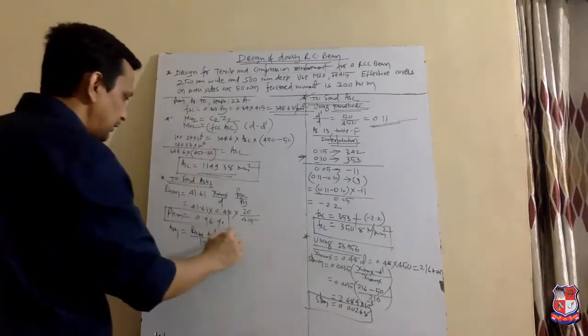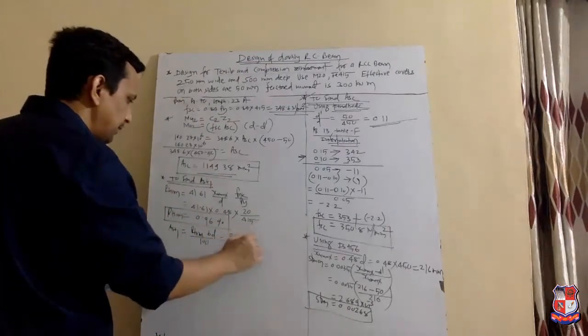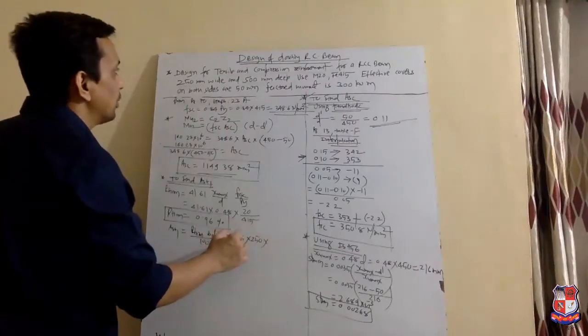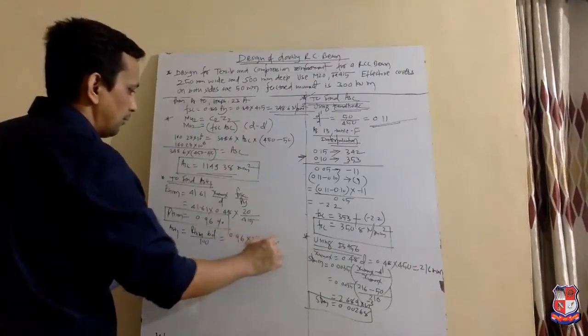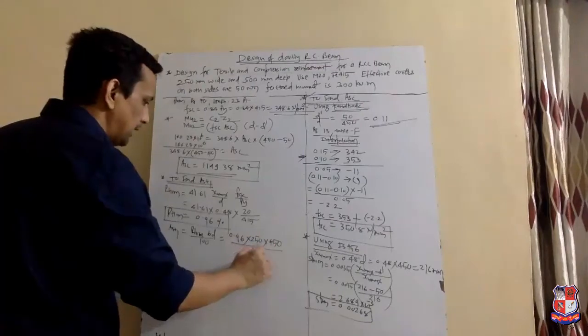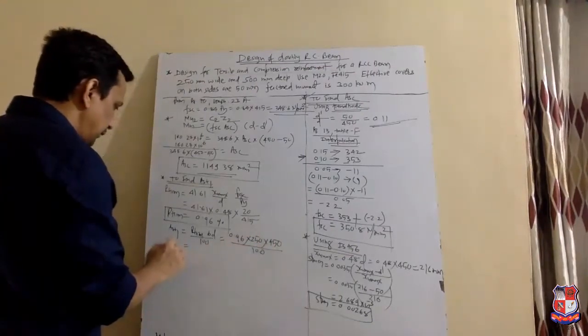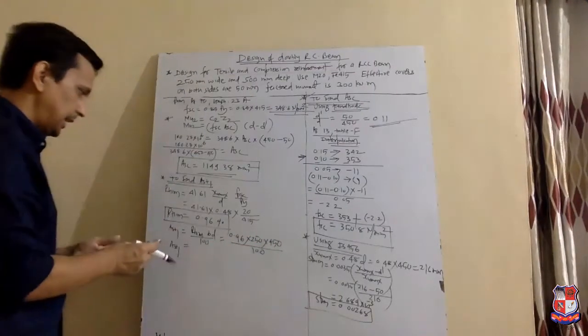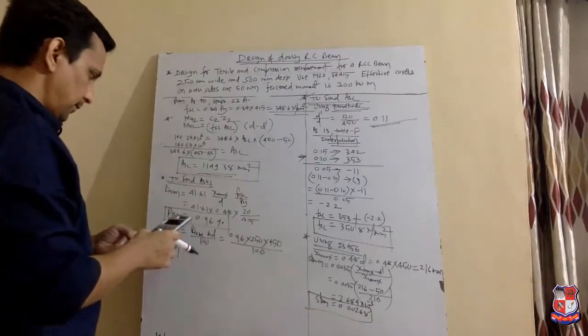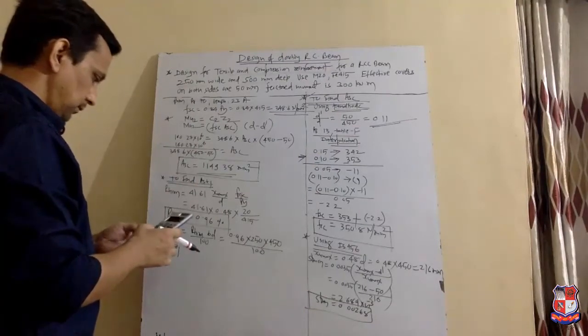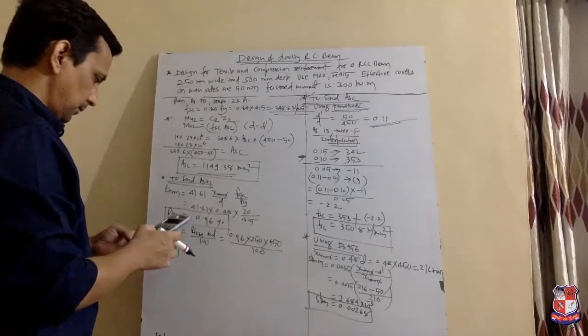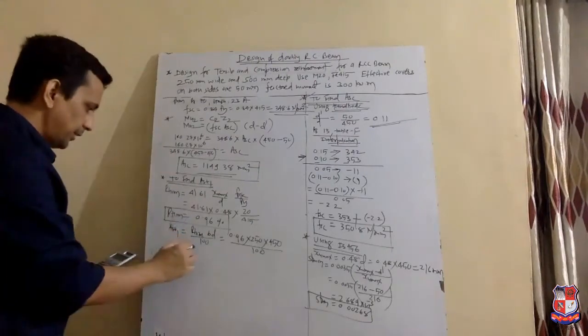PT limb is 0.96, B is 250, and the small d is 450, divided by 100. So in this way, we get AST1, about 1080.